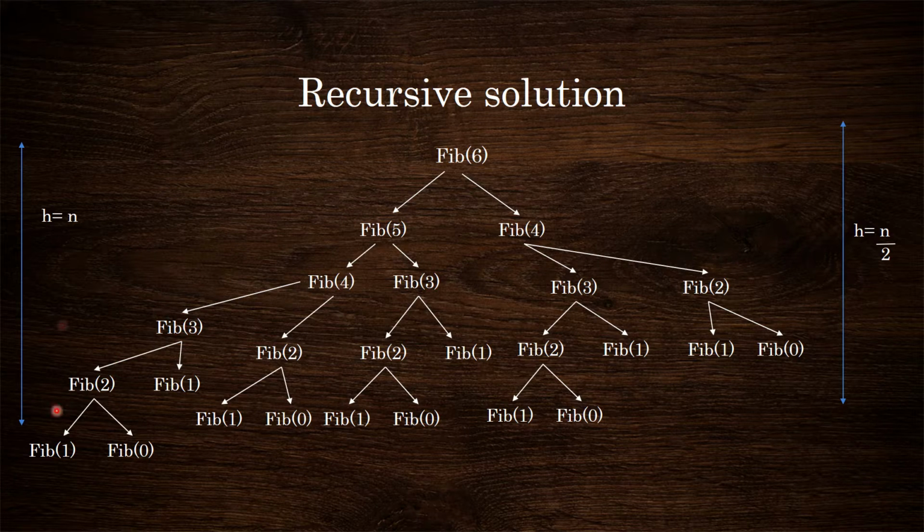And on the right side, we are going Fibonacci of 6, Fibonacci of 4, Fibonacci of 2, then the list goes on. So we can see that the time complexity will be between 2 to the power n by 2 and 2 to the power n. In the worst case, the time complexity would be 2 to the power n, which is exponential.